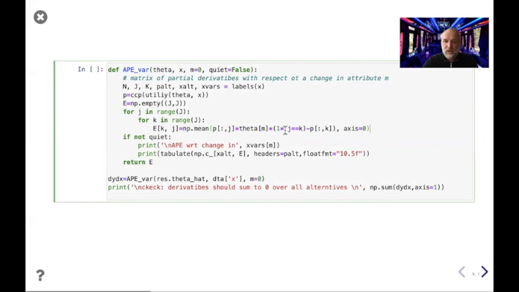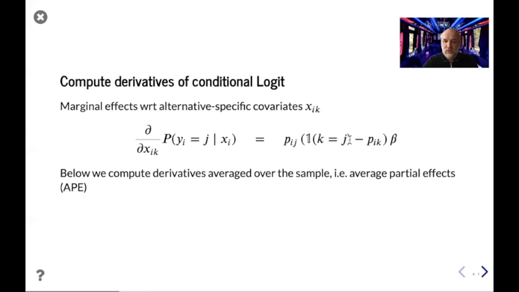You've got this indicator function right here, and that's also what we have over here. You've got the indicator for the attribute being the same as the alternative for the probability you're looking at, with the different probabilities here. So you can immediately see that if k is equal to j, so you're looking at a derivative with respect to an attribute for the same alternative you're looking at the outcome for, then that effect is going to be positive if beta is positive, which is very intuitive.